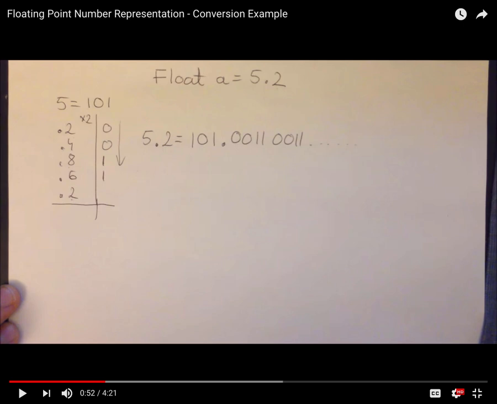It's similar to how we have irrational numbers in our regular number system. You know what a rational number is? What's an irrational number? It cannot be represented as a fraction of two integers.